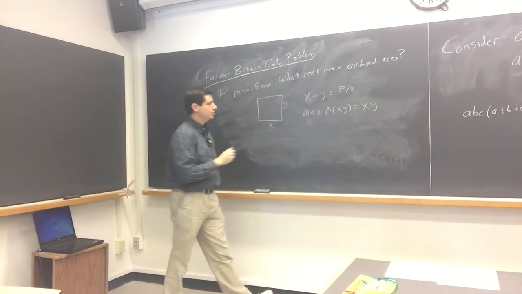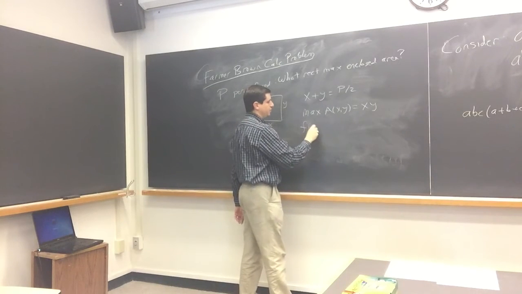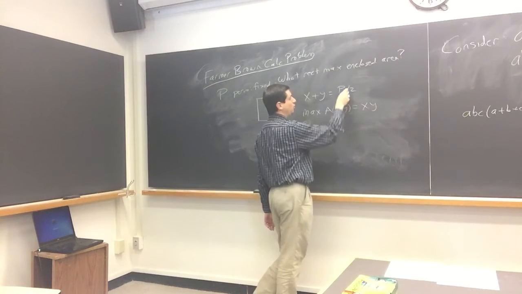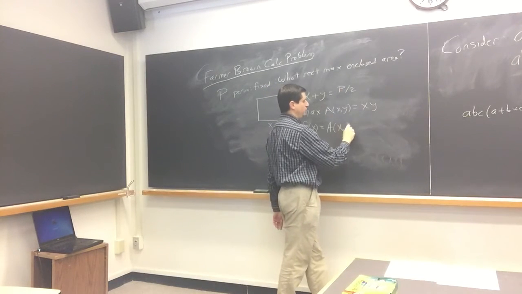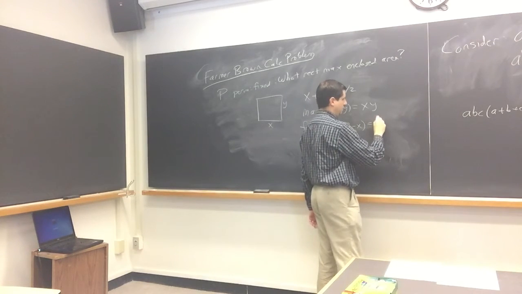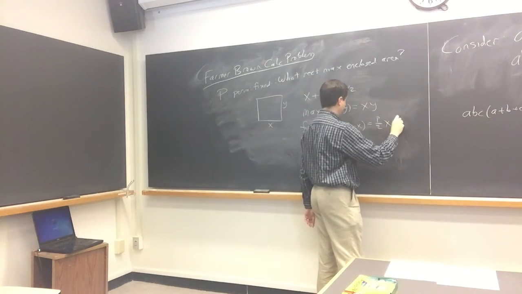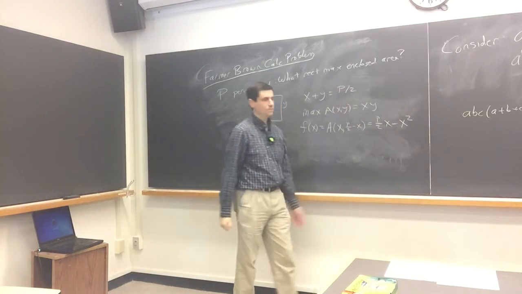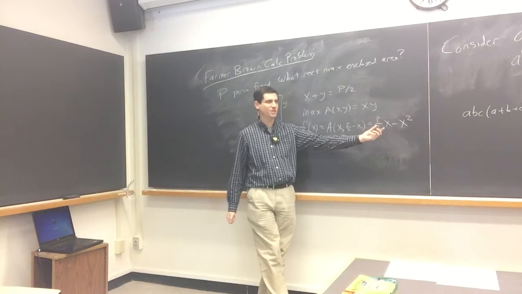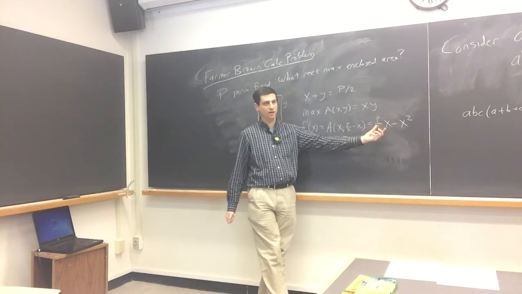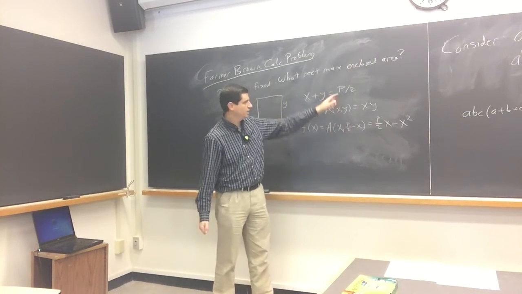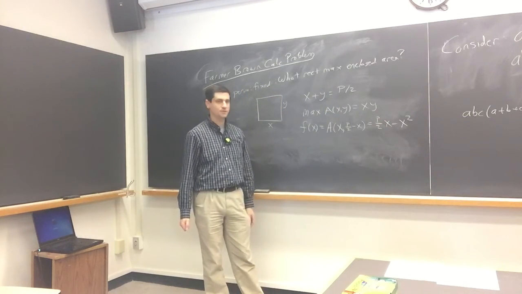One way to do this is you could then say, let's just consider this new function f of x, which is going to be A of x, and we know y is just p over 2 minus x. So we would get p over 2 x minus x squared. The reason I've multiplied things out is I've done this problem numerous times over the years. I would much rather multiply it out and differentiate the polynomial than to have to use the product rule to differentiate x times p halves minus x.